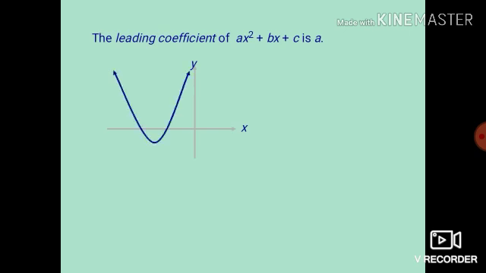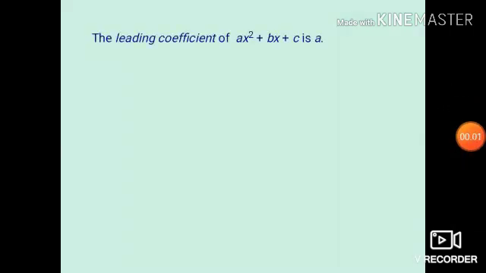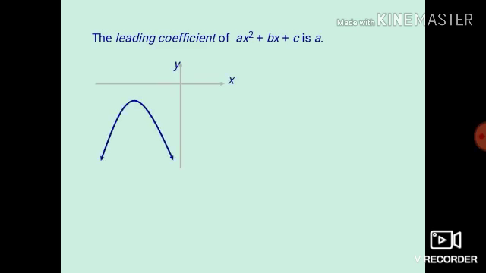When the leading coefficient is positive, or a more than 0, the graph of quadratic function opens upward, and the vertex is minimum. When the leading coefficient, or a, is negative, the parabola opens downward and the vertex is maximum.